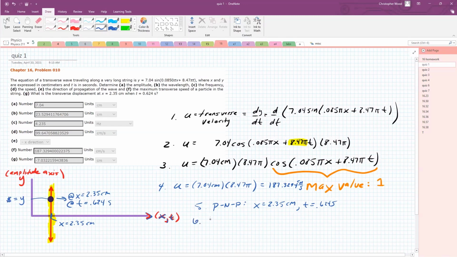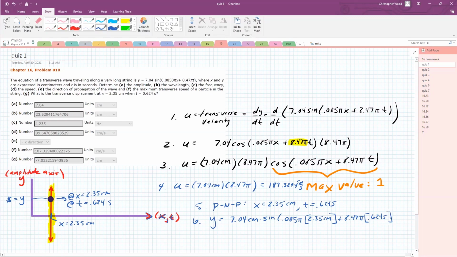So here goes. Y equals 7.04 centimeters times sine of 0.085 pi times X. X has a value of 2.35 centimeters. Got to be careful with units. Plus 8.47 pi times time, and time is 0.624 seconds.